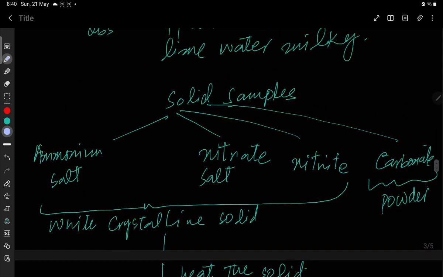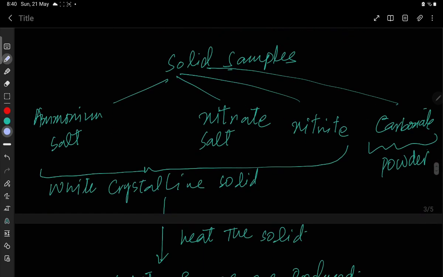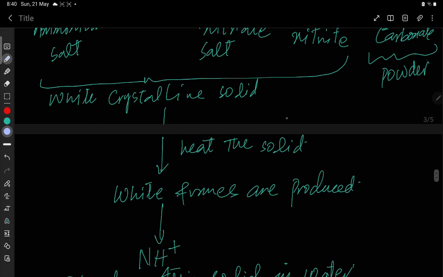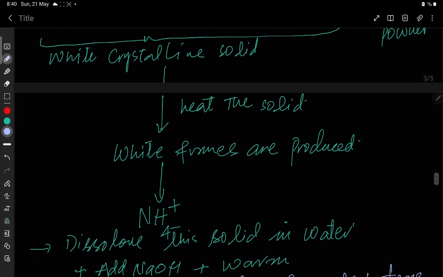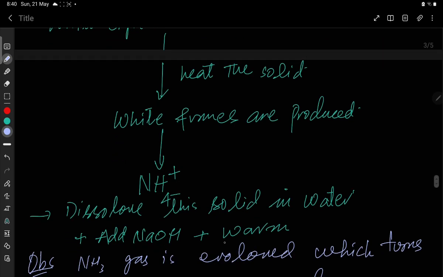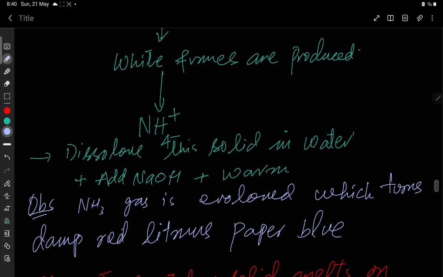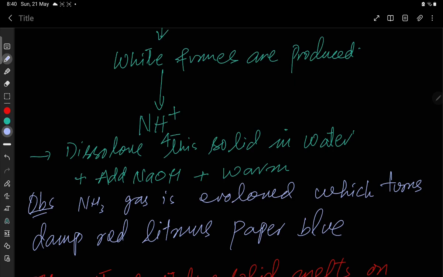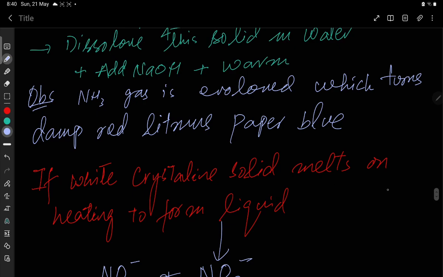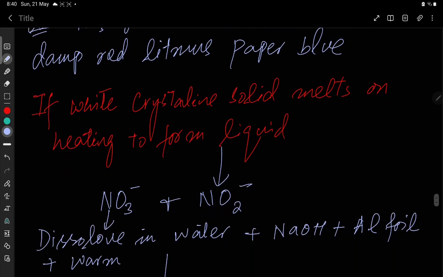So for solid samples, ammonium ions, nitrate and nitrite ions are white crystalline solids and carbonate is in the form of powder. If the white crystalline solid is there, heat the solid; white fumes produced confirm ammonium ion. To further confirm, dissolve this solid in water, add sodium hydroxide plus warm it. The observation would be ammonia gas is evolved which turns damp red litmus paper blue. If the white crystalline solid melts on heating to form liquid, then nitrate and nitrite ions are present.